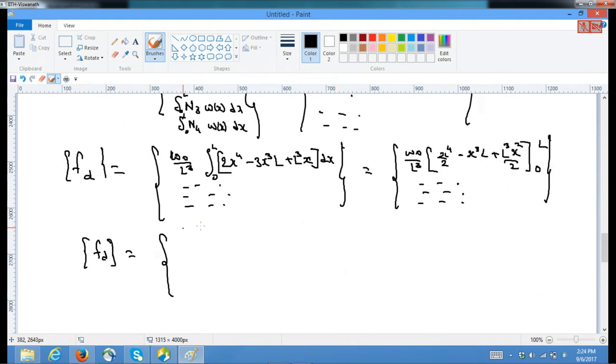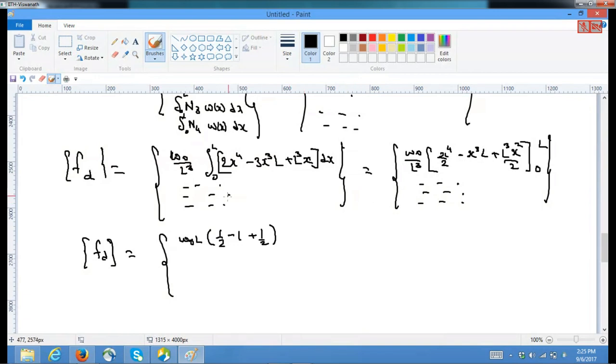So this would be W naught L into 1 over 2 minus 1 plus... so in this case it turns out to be 0.